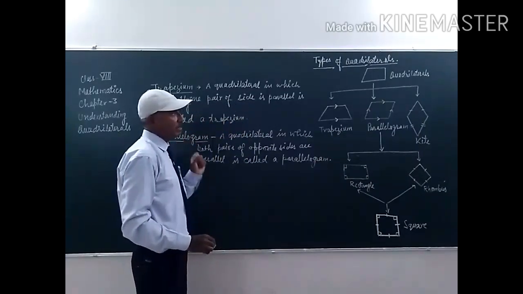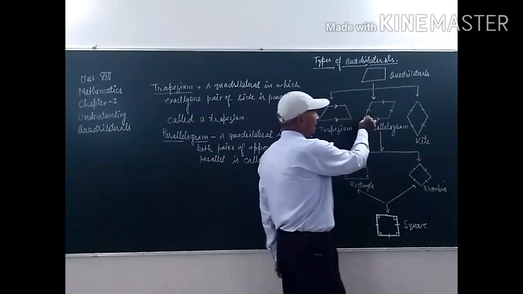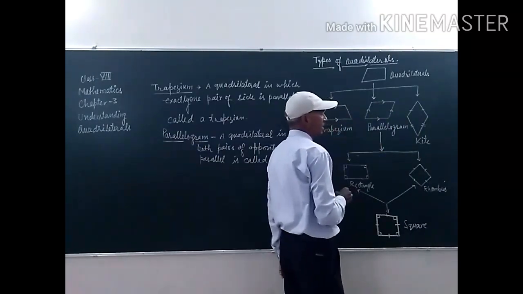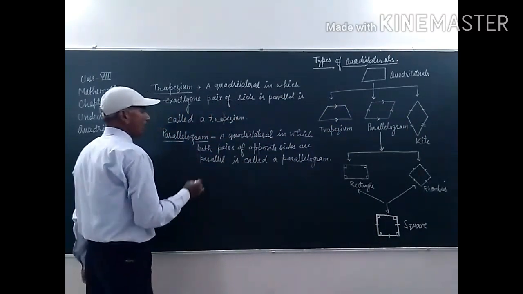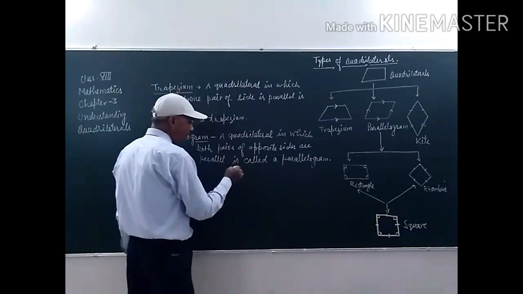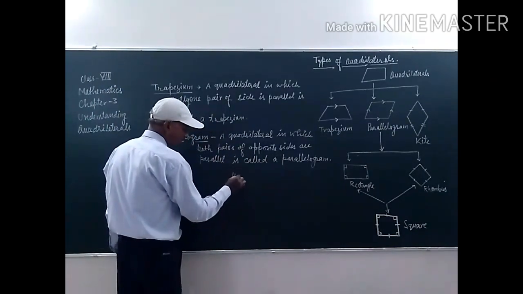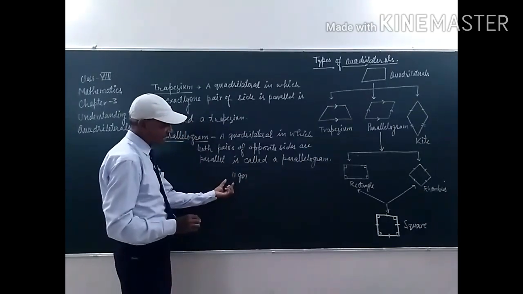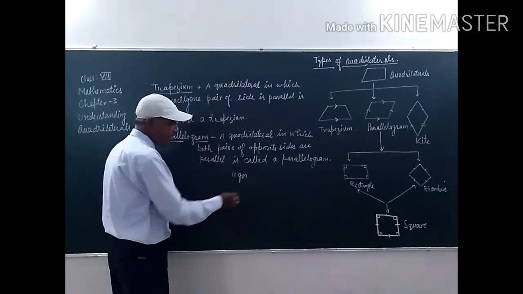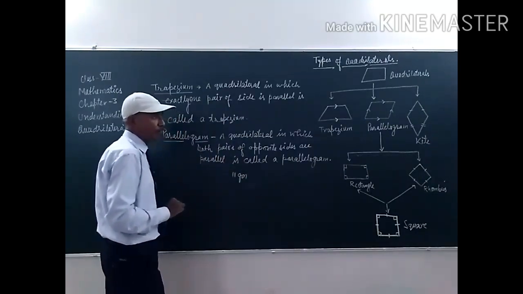In this figure, both pairs of opposite sides are parallel to each other, therefore it is a parallelogram, and we can write it like this, students. This symbol, two parallel lines with the letters gm, means parallelogram.